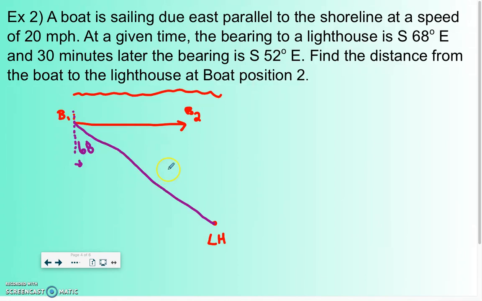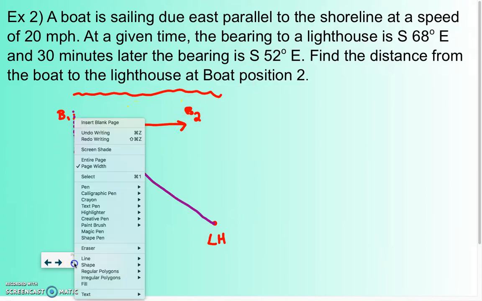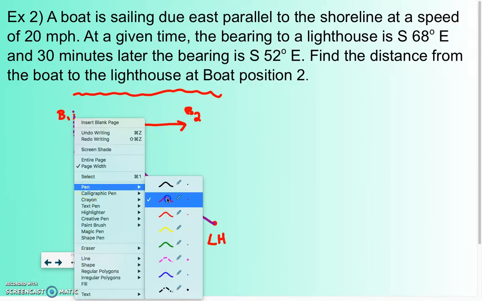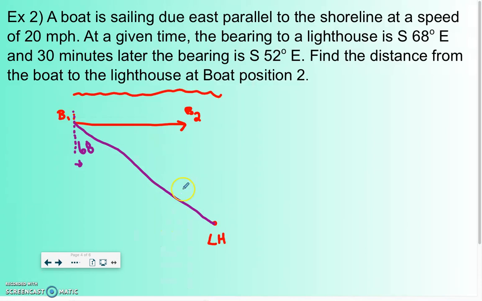And then 30 minutes later, the bearing for boat 2 is south 52 degrees east. So this one, we're going to look directly south. And then to get down to this spot, obviously the picture not drawn to scale here, 52 degrees is going to be right here in that bearing, because we're looking south and then we're looking to the east.